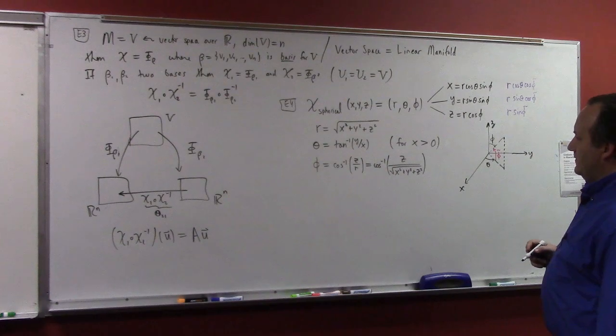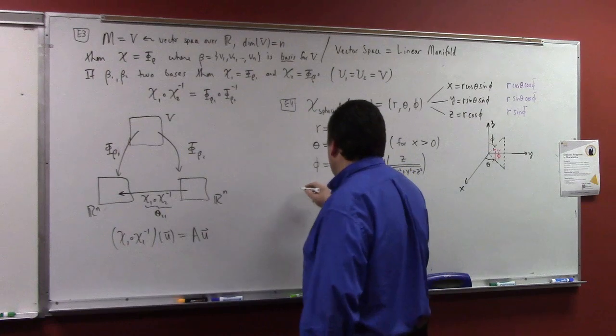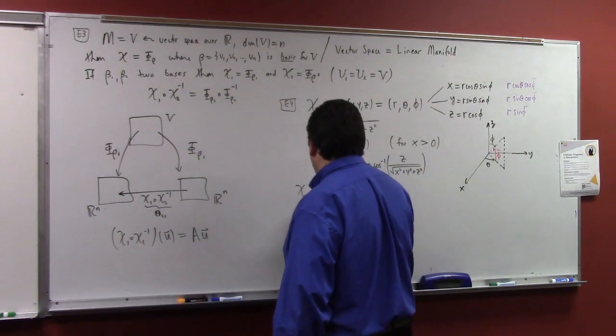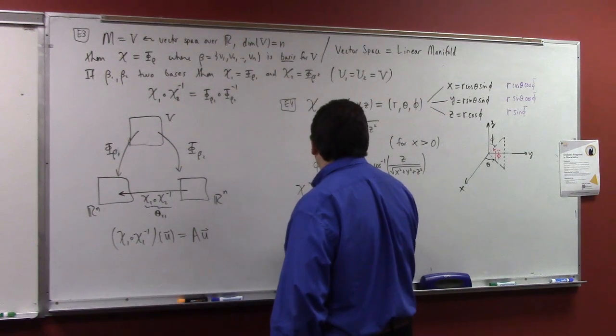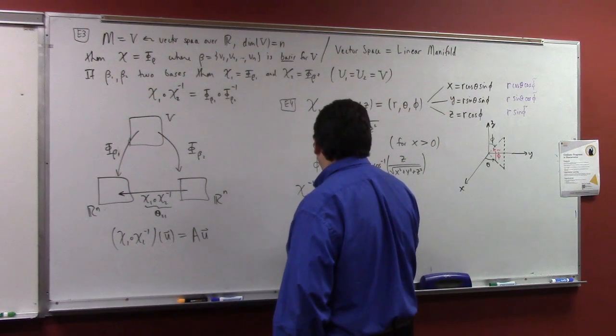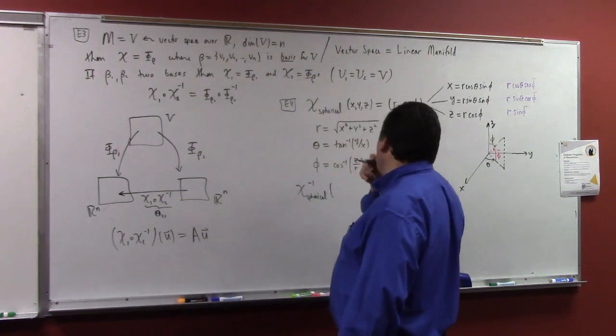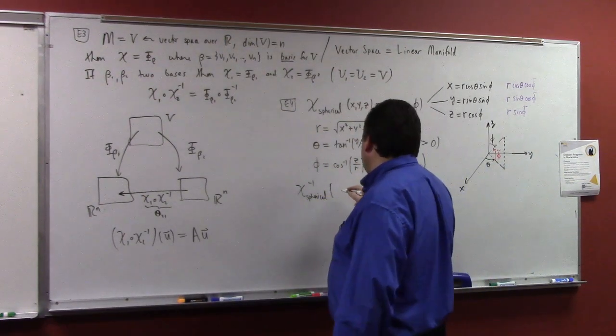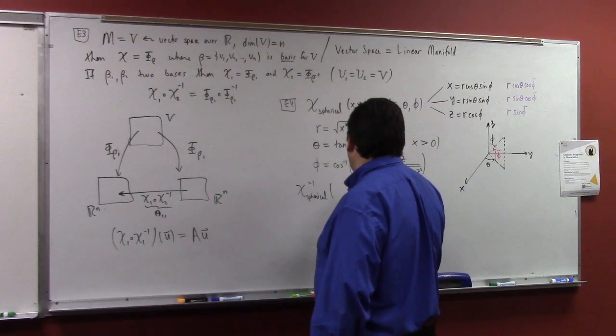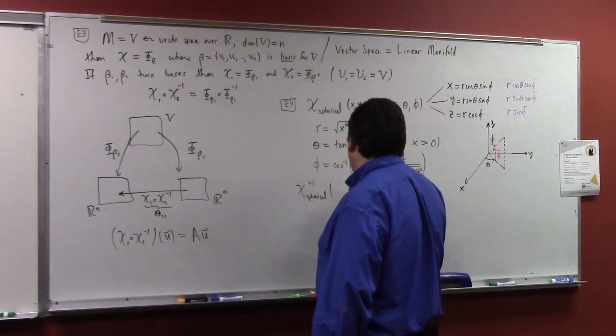So, if I was to write the inverse of chi-spherical, man, that's a really bad label, whatever I want to put here.